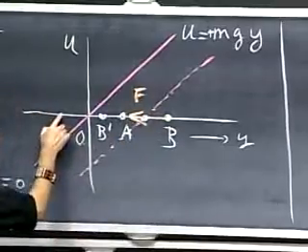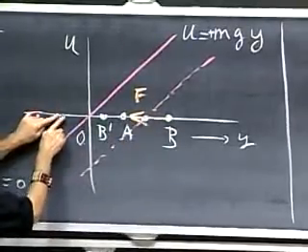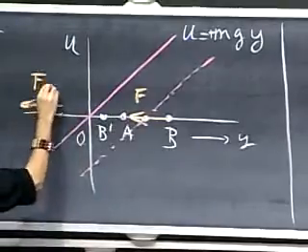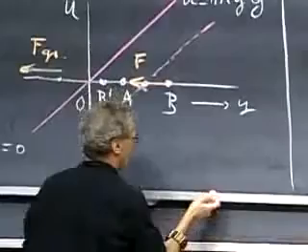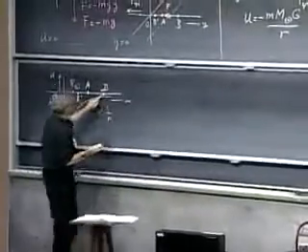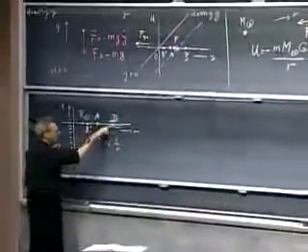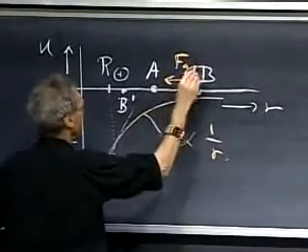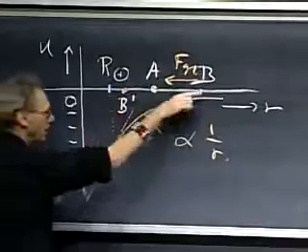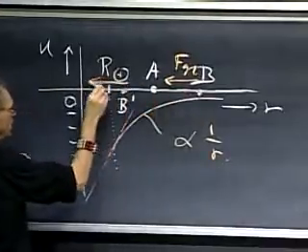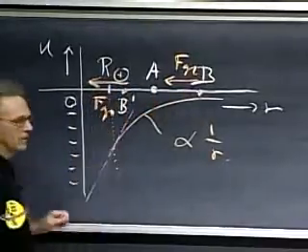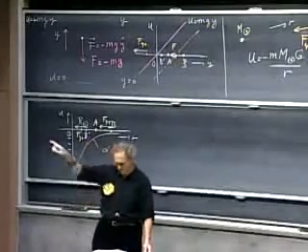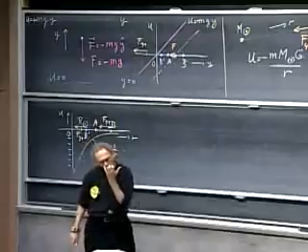When I'm here, the gravitational potential energy increases in this way, the gravitational force is in this direction. The force is always in the opposite direction than the increasing value of the potential energy.